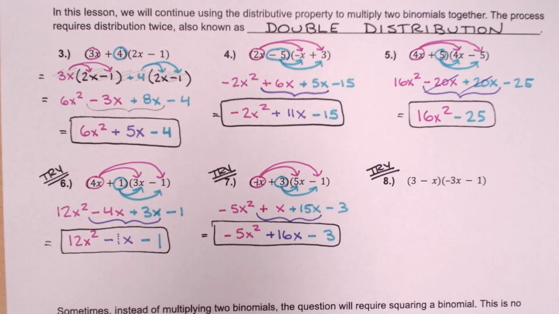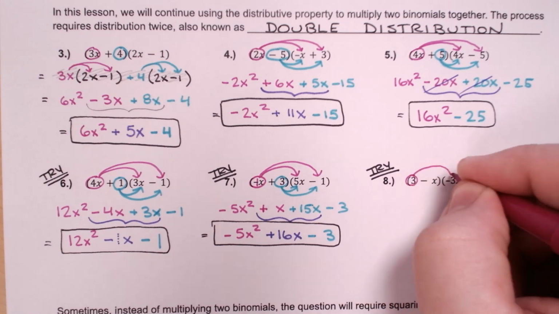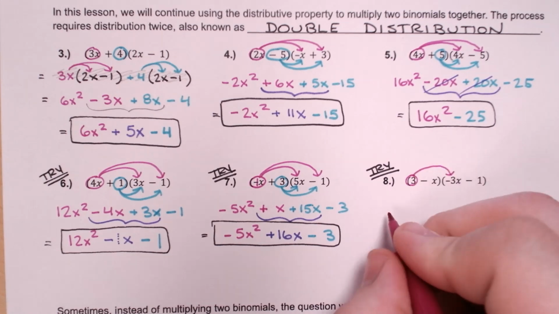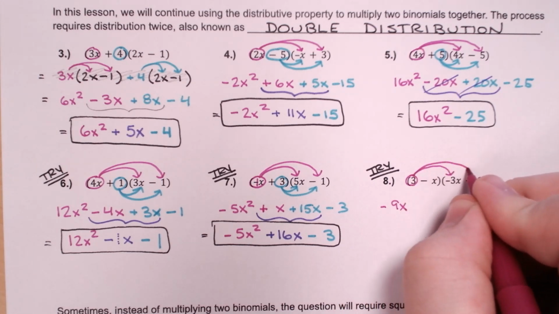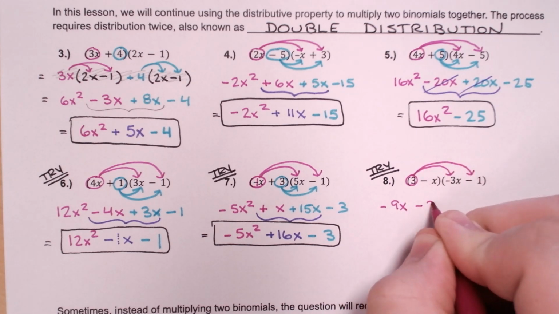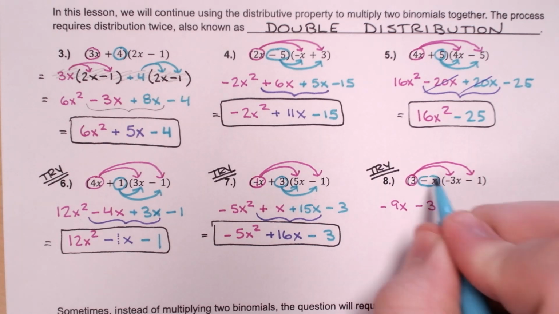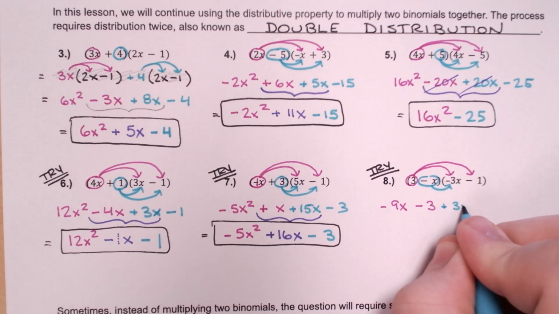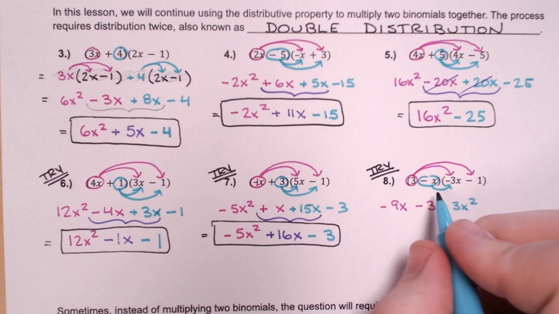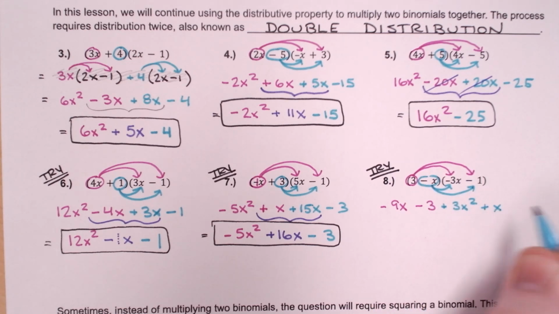Okay, for that last one, distributing 3 to negative 3x gives us negative 9x, and 3 times negative 1 is negative 3. And then distributing negative x to negative 3x is going to give us positive 3x squared, and then negative x times negative 1 is positive x.